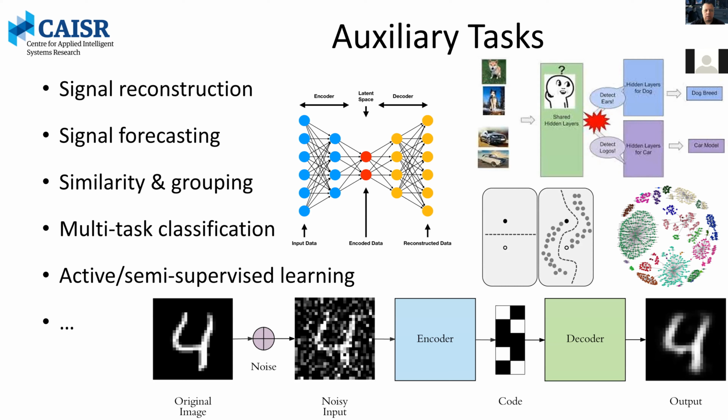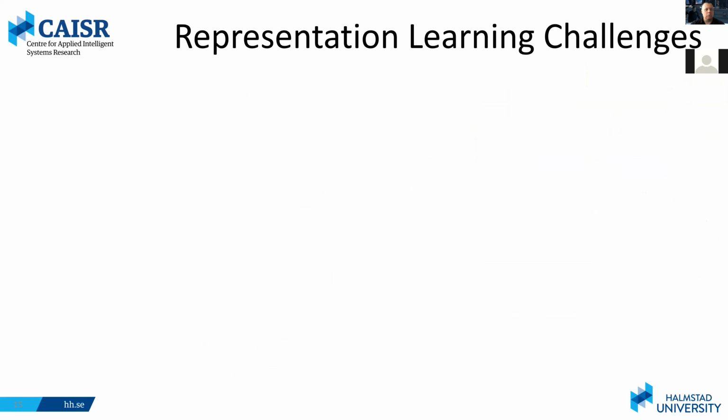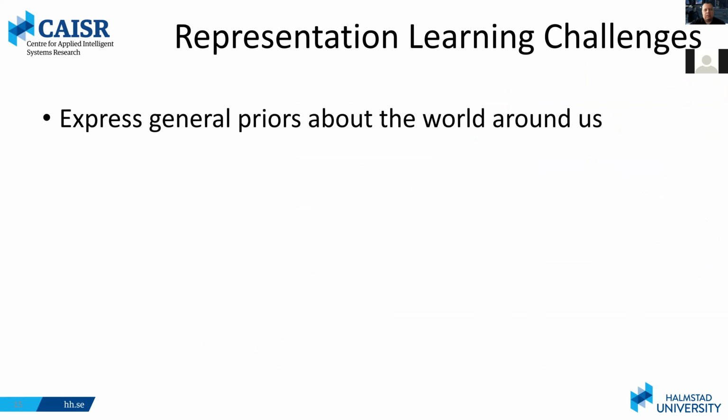So if we look at what is the main challenge with representation learning, it is basically that we want to find representations that express general priors about the world, right? So we don't want them to be task specific. We want representations or properties of representations which are generally useful. And that's of course difficult to formalize.